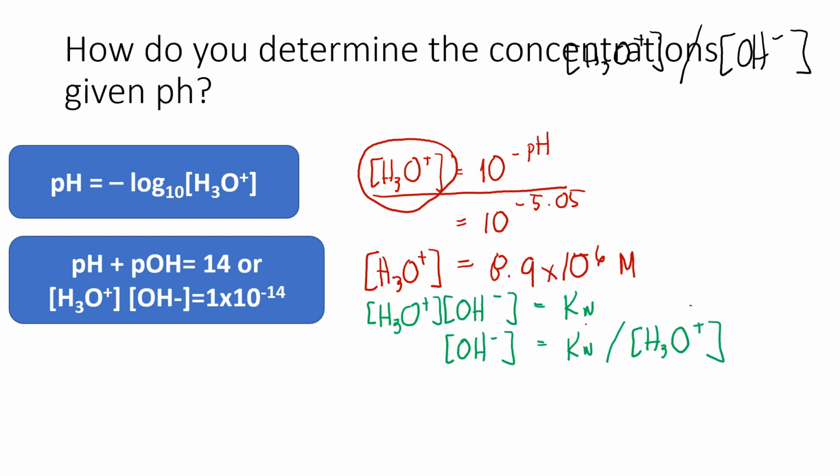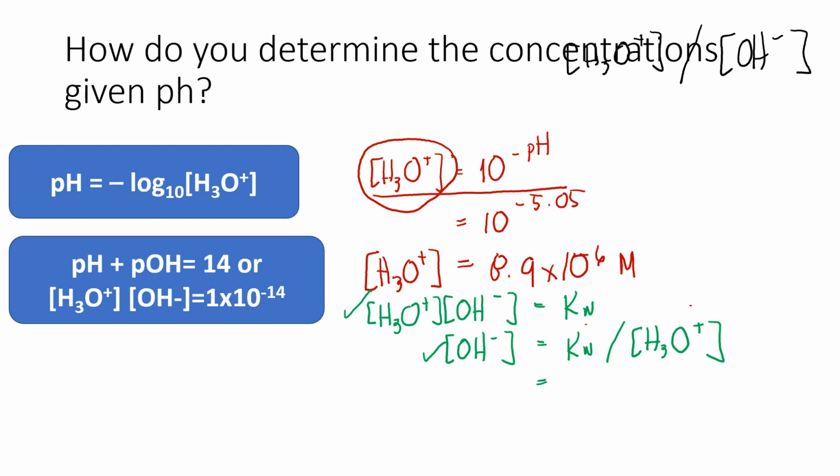So manipulating the formula for the auto-ionization of water, we will have hydroxide ion concentration is equal to the auto-ionization constant over the hydronium ion concentration.